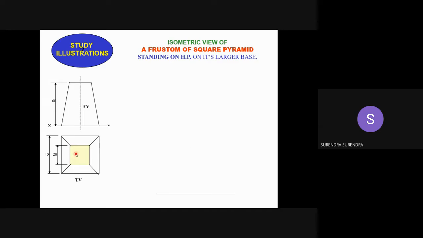First, the base is on the ground, so initially we have to draw the base. Base square with the dimension 40 40 40. Now from each corner, vertically extend it up to a height of 60 mm.